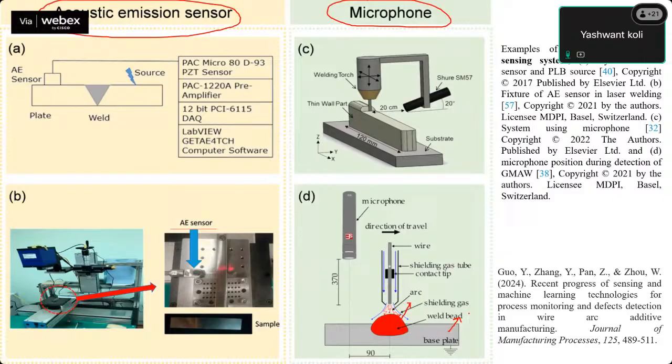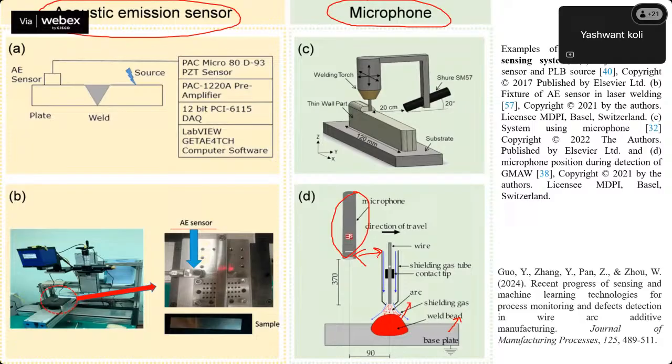The applications of microphones are detecting incomplete penetration, misalignments, porosity, spatter, and line width deviation. It is used in laser welding also, and GMAW, CMT, everywhere microphones are used, often mounted on robot arms or near to the torch.